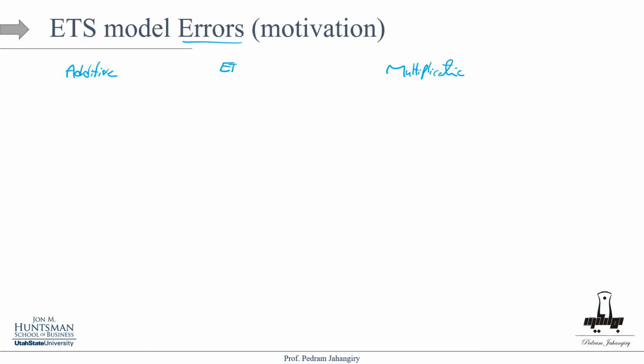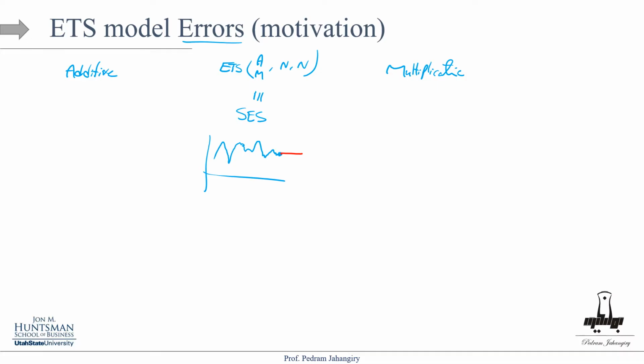Let's write it down: ETS, where the error is either additive or multiplicative, with no trend and no seasonality. This is analogous to our simple exponential smoothing method. If you believe the data has no seasonality and no trend, then hopefully SES, or ETS with no trend and no seasonality, is going to be a good model.